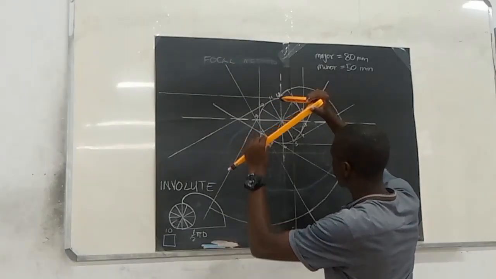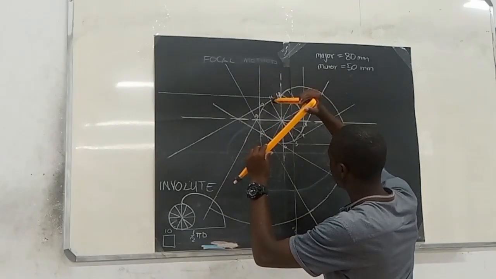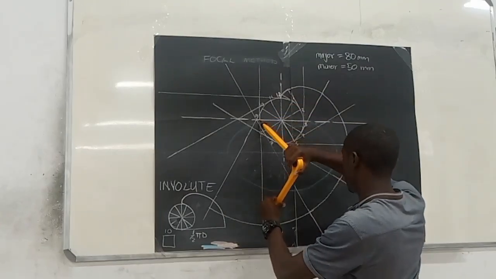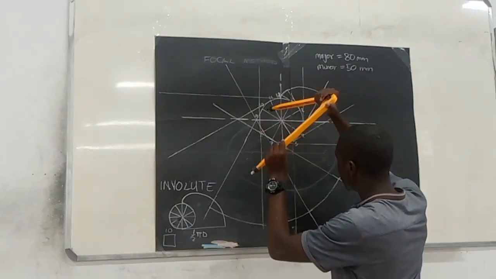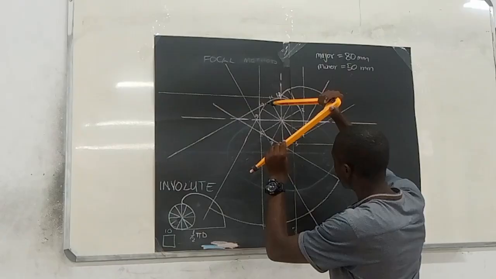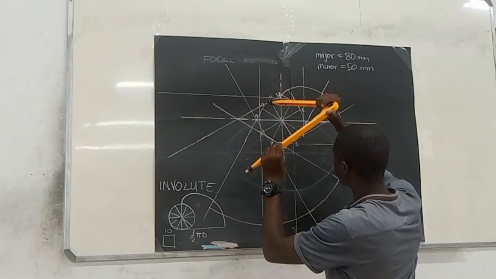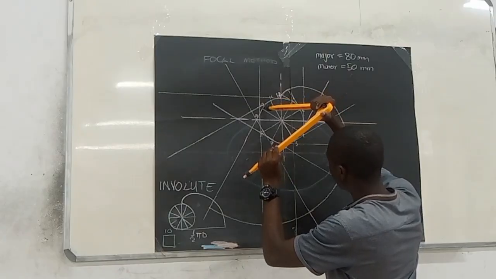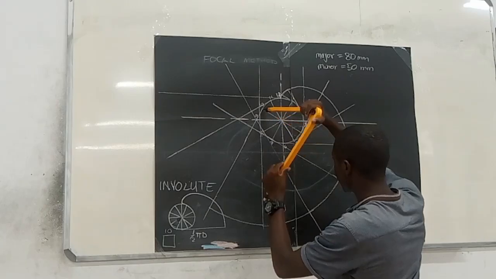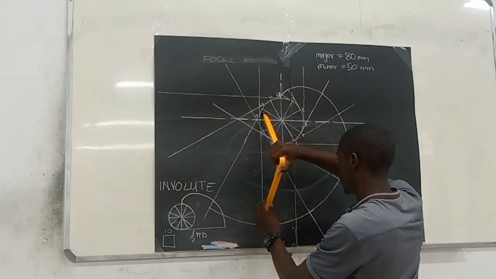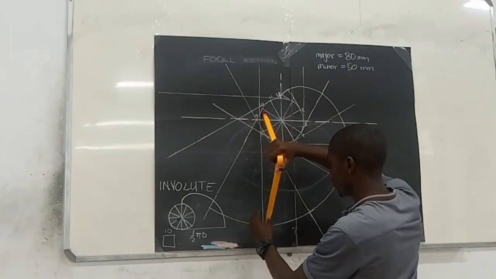Is this the correct one? At 9 we were here. Did I get the correct 10? Yeah, it's supposed to be here. Then we move from 9, go to this point.